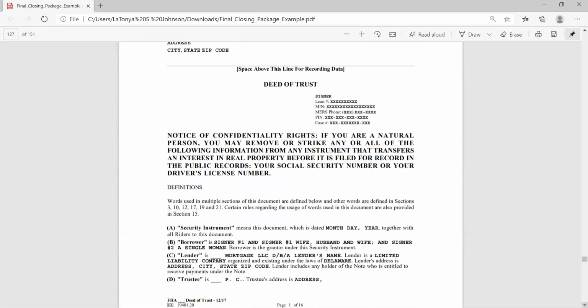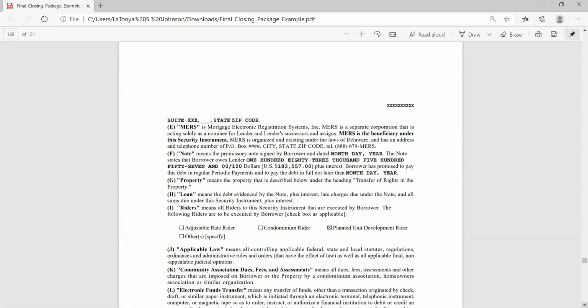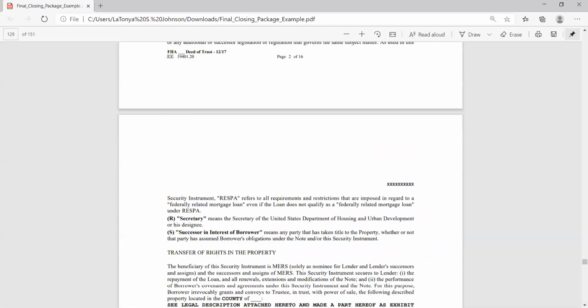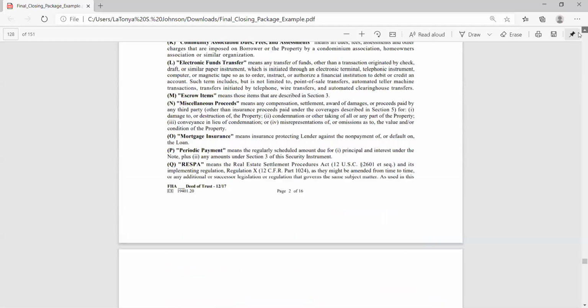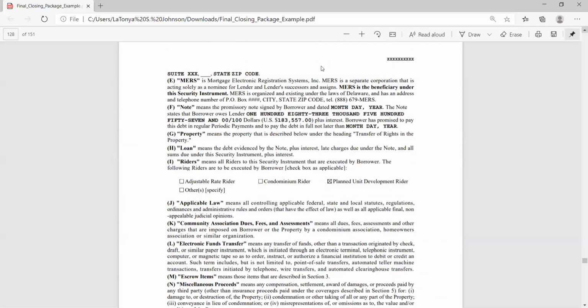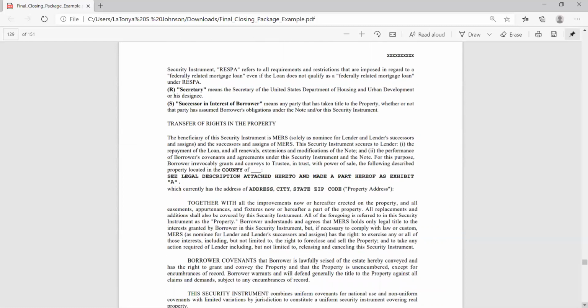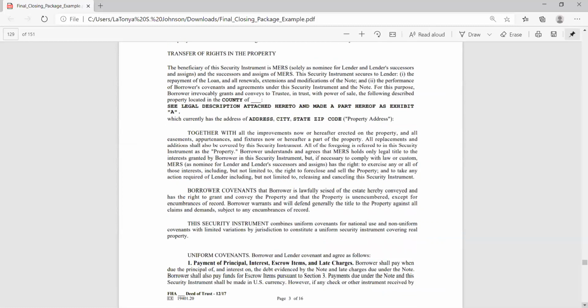This is the deed of trust. Most of that is normally filled out for you. That sneaky little county in there, you got to make sure that you fill that out. That's why you always got to look at all of these pages as the notary really carefully to see if there's anything that you have to fill out, because there are some sneaky little lines in there.